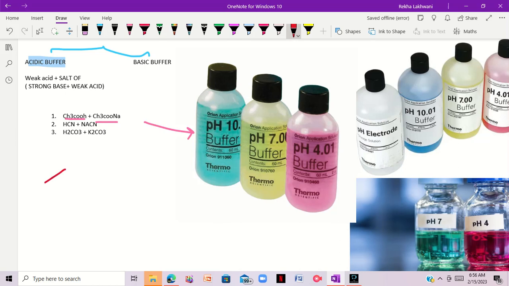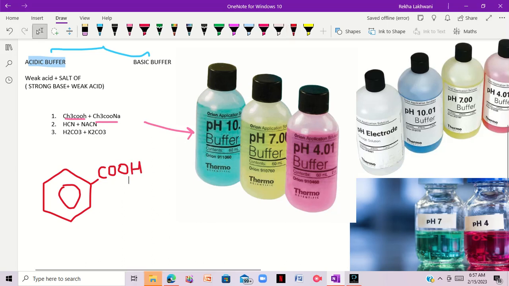Here we have a ring structure, and over here we have COOH, which is basically benzoic acid. Let me write it over here: this is benzoic acid.